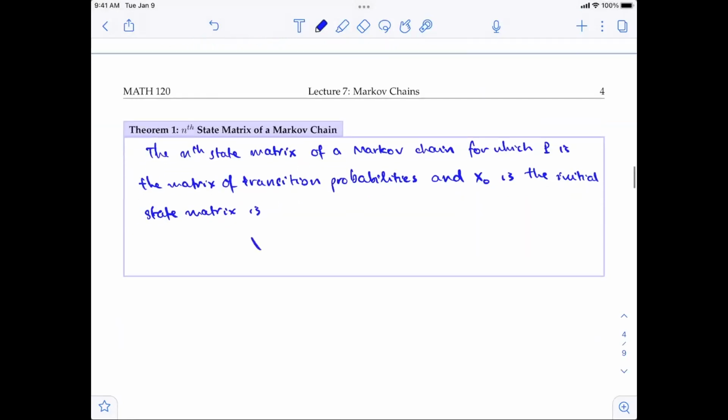So X sub n is equal to the matrix of transition probabilities raised to the power n times the initial state matrix.